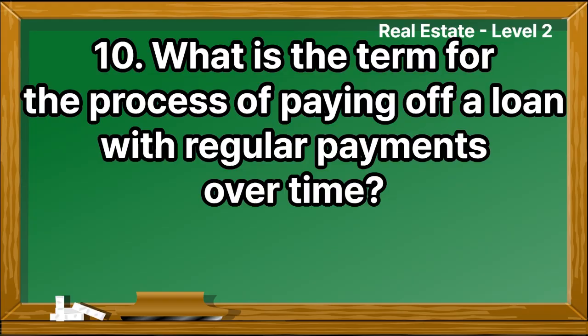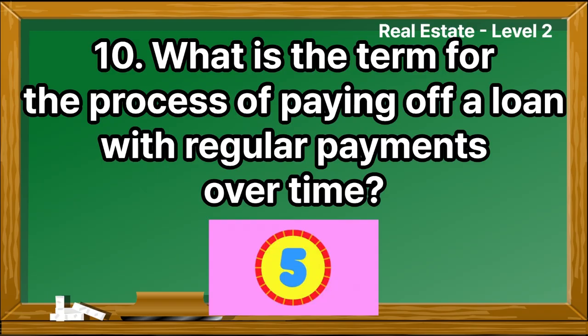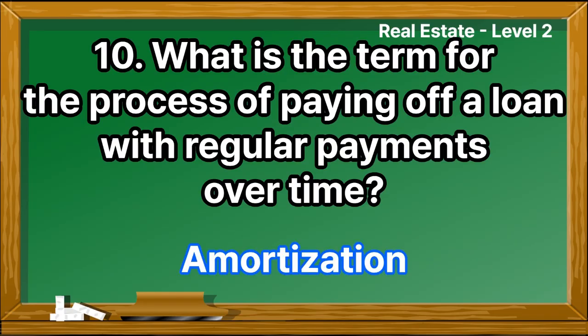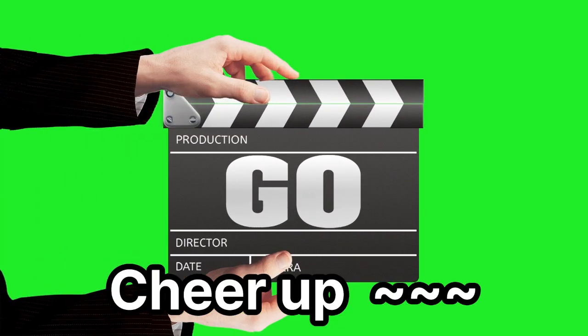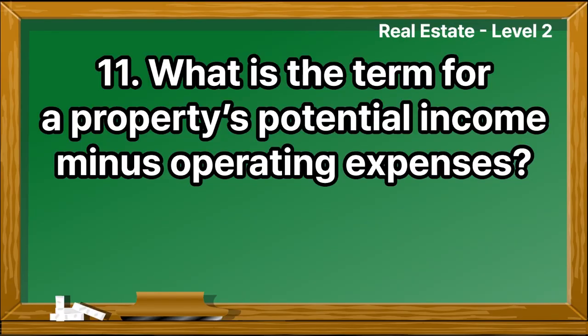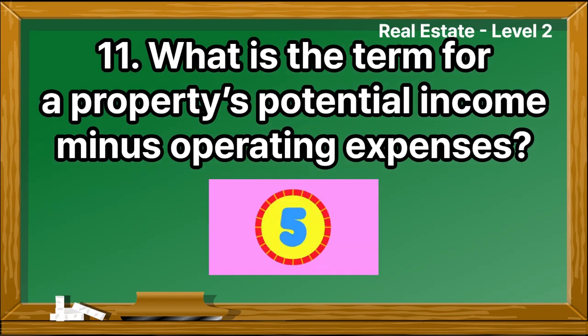What is the term for the process of paying off a loan with regular payments over time? Amortization. Cheer up. What is the term for a property's potential income minus operating expenses?